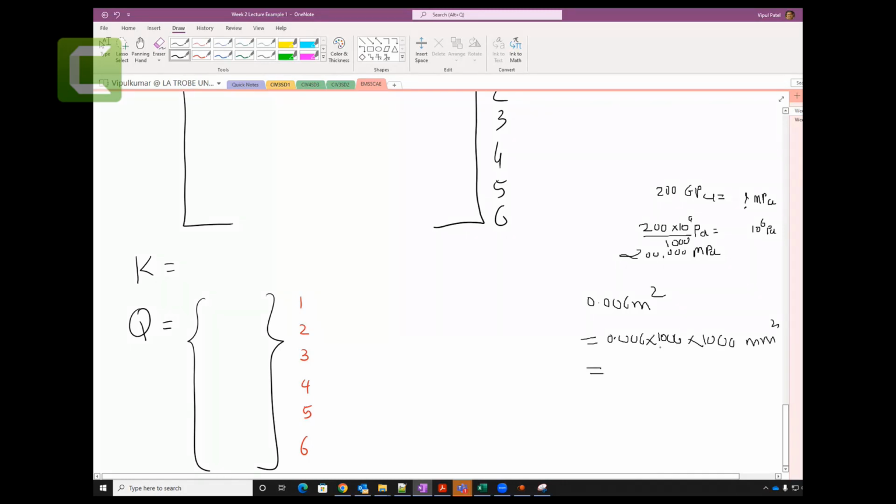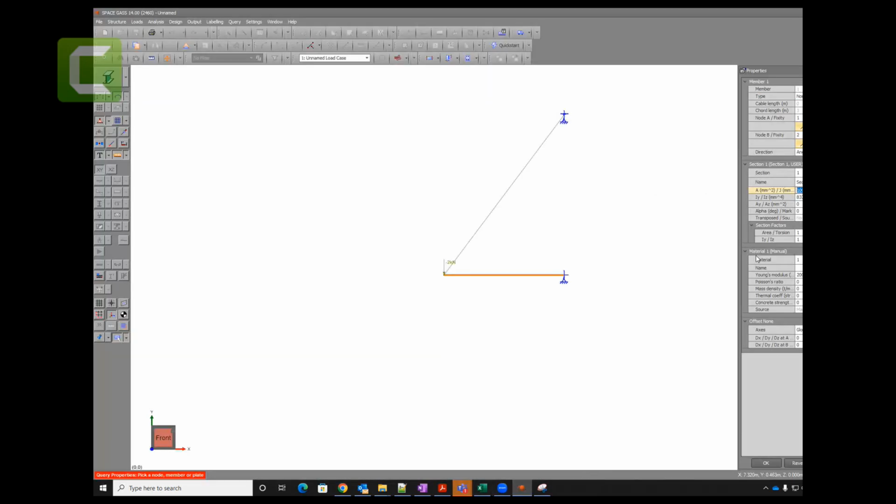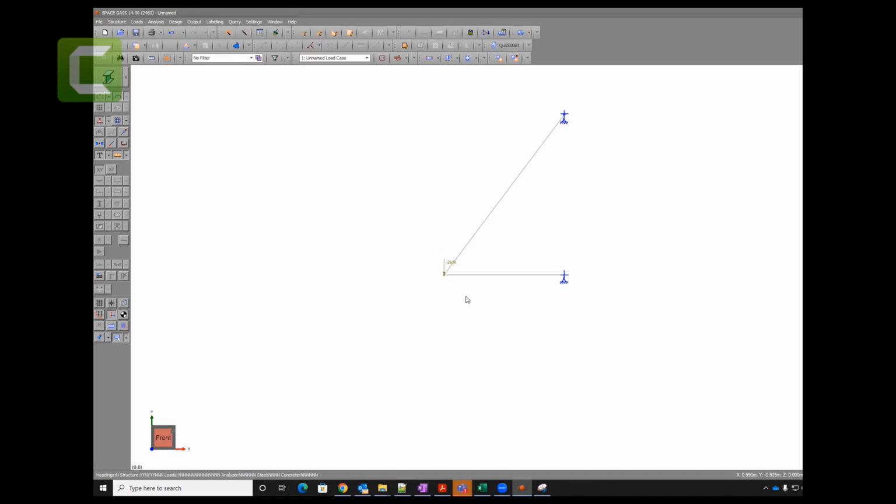So you get 0.006 times 1000 times 1000, you get 6000 millimeter square. So let me put that 6000 here. Right, so 6000 millimeter square, and hit OK.